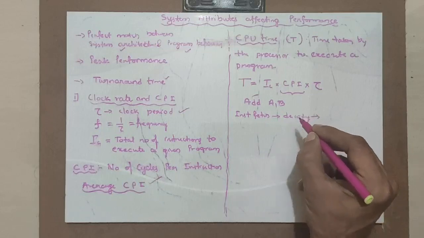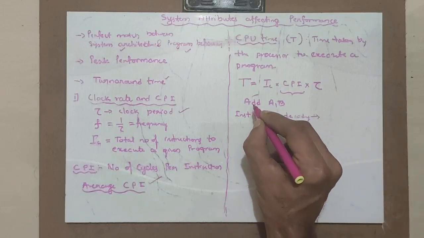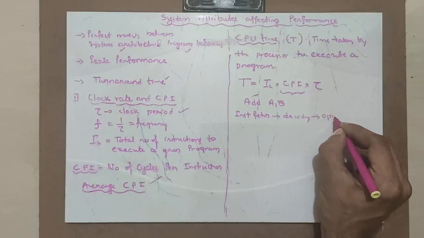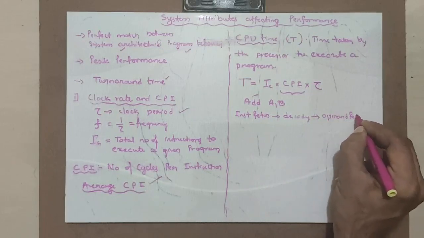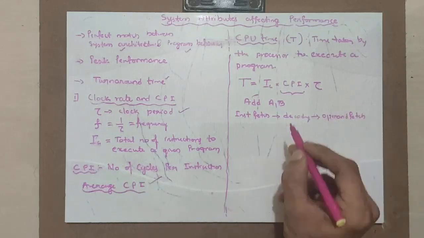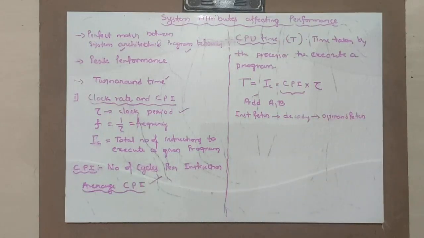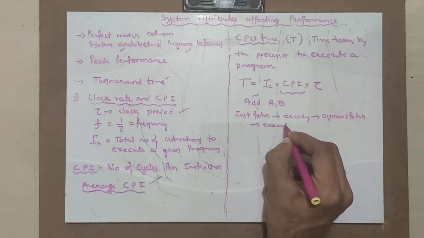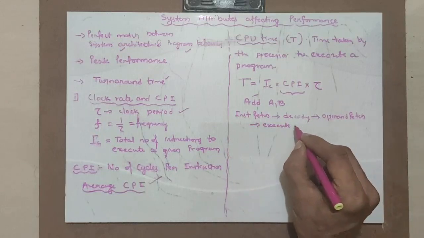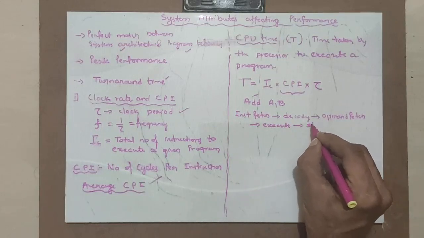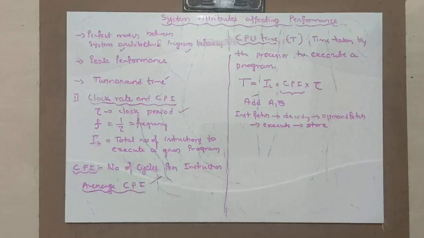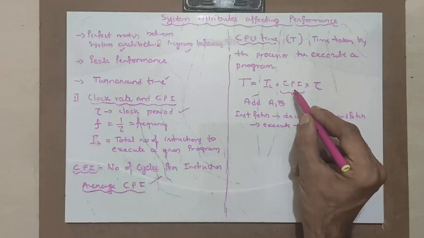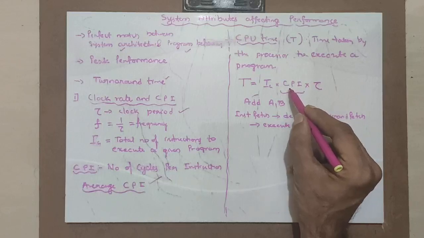Next, after decoding, you understand it is the process of adding A and B. What you do next is operand fetch operation. You have to bring both A and B, and after this the next process is to execute, adding A and B. Last is storing the result. This is how an instruction takes place at the processor. This is the cycle that is happening.